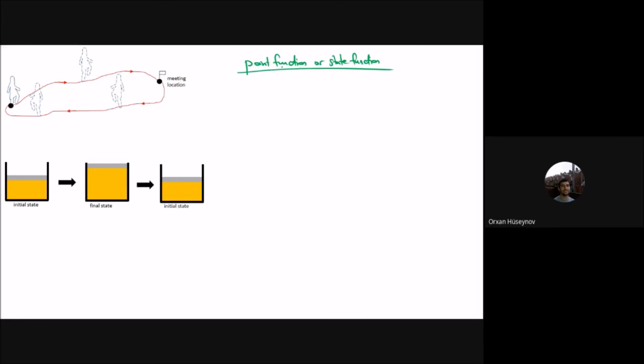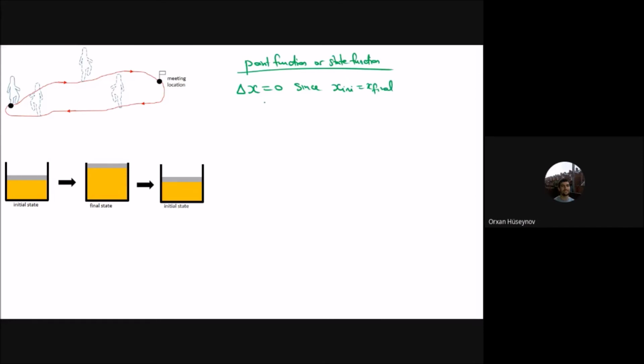So there is a person that travels along this path here, from point 1 to a meeting location here, and then from that meeting location comes back. So if I ask the change of displacement or the change of location, it will be 0. This person has 0 displacement because she has come to her initial point, and since x initial is the same as x final, displacement is 0.